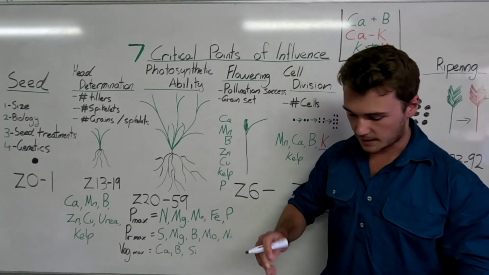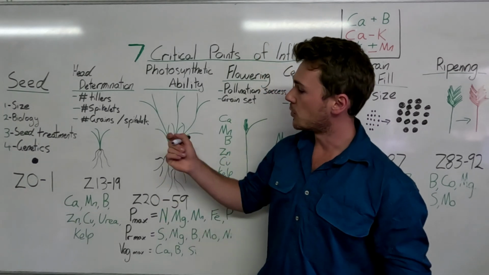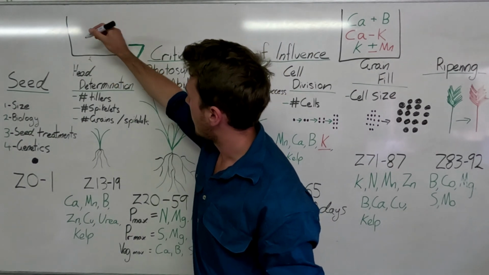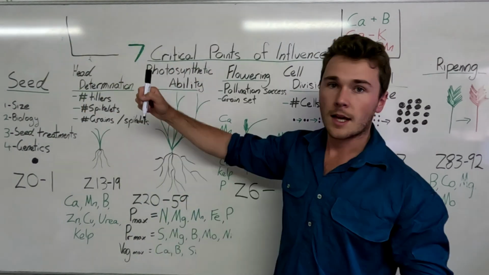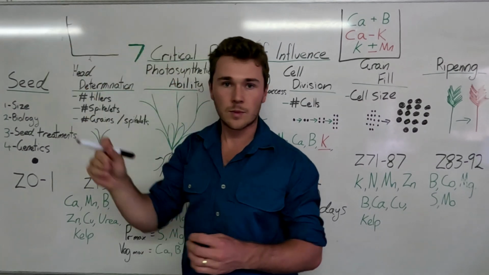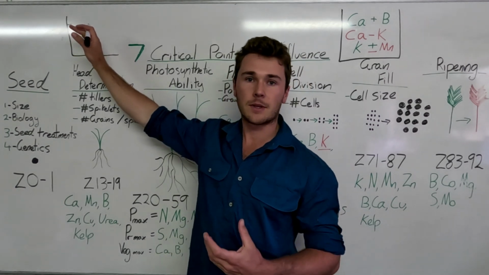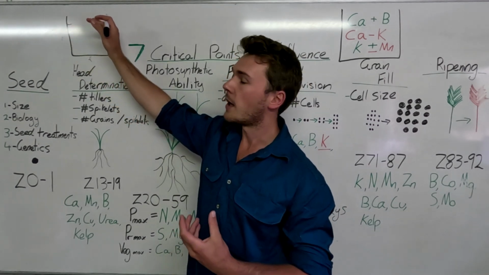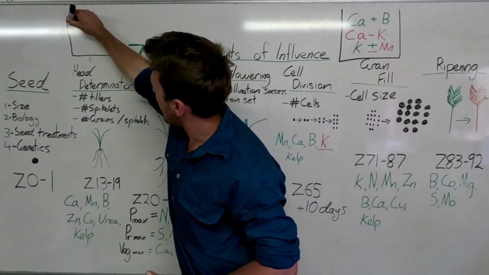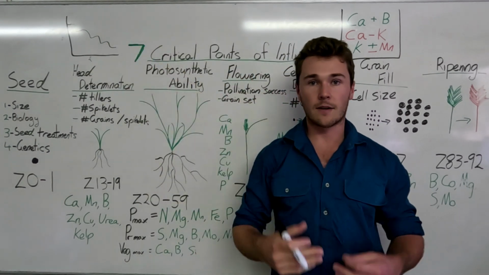Now, this stems from the understanding that when you have a seed, you start with the maximum yield potential. Say we have a graph where we have time on the bottom and yield at the top. As soon as we plant that seed, we start with the maximum genetic potential of that plant. Every time that plant experiences stress or a nutritional need that's not met, it steps down and down and down until we get to our final yield.